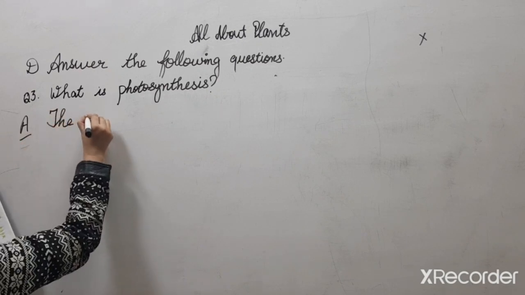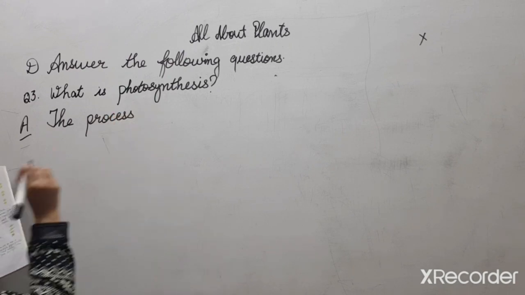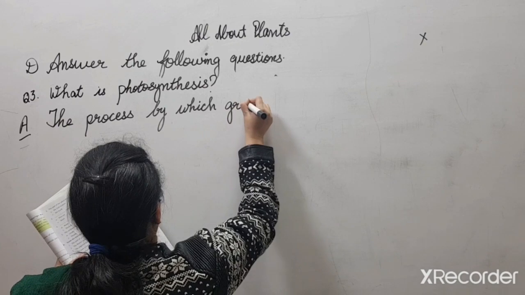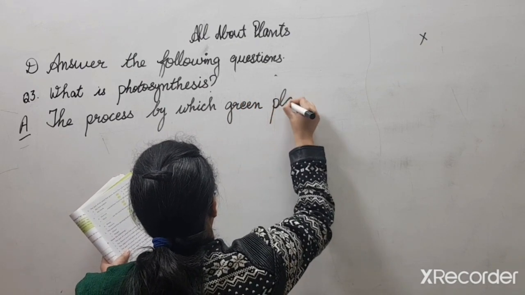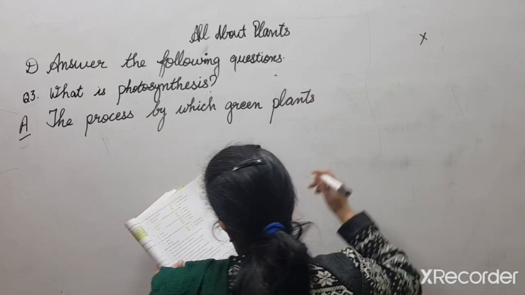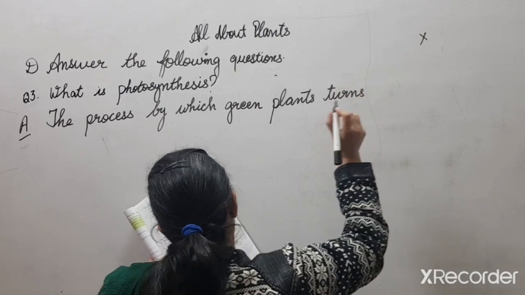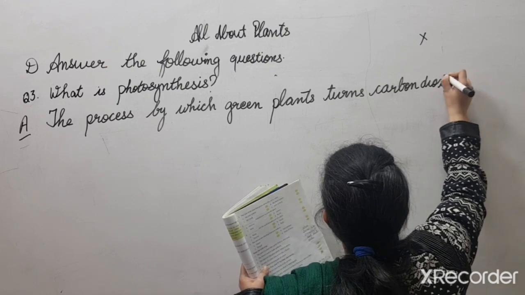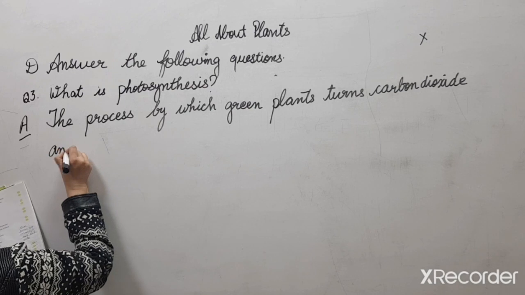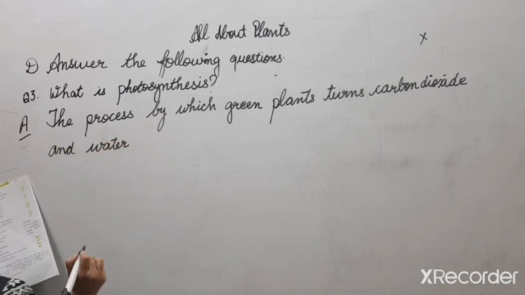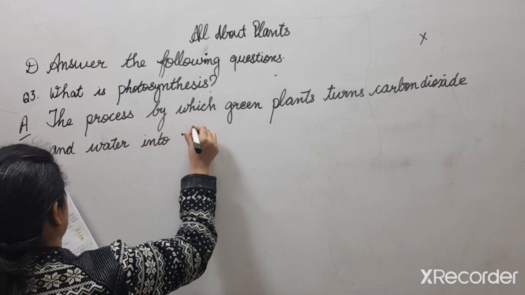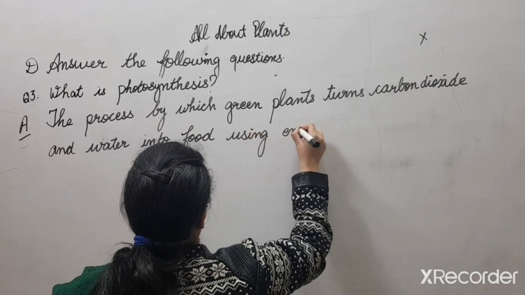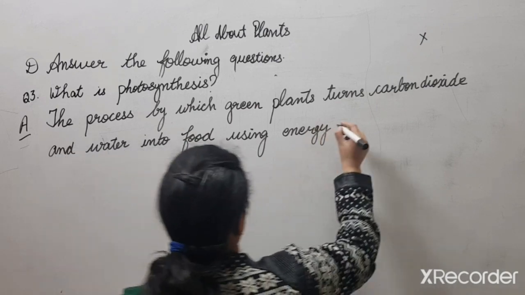So the answer for it is the process by which green plants turn carbon dioxide and water into food using energy from sunlight.